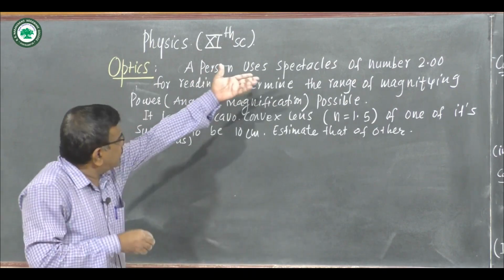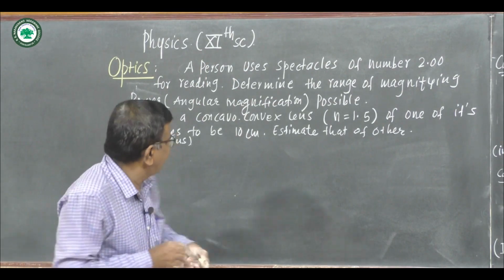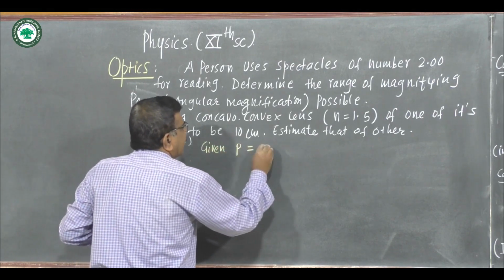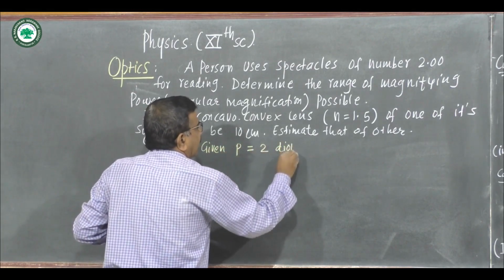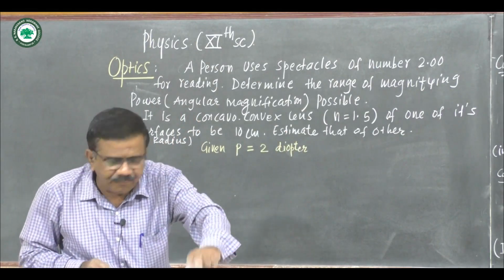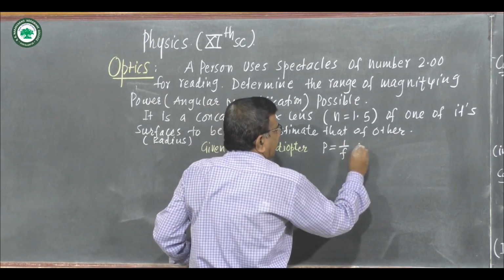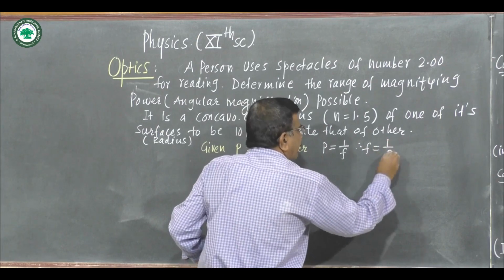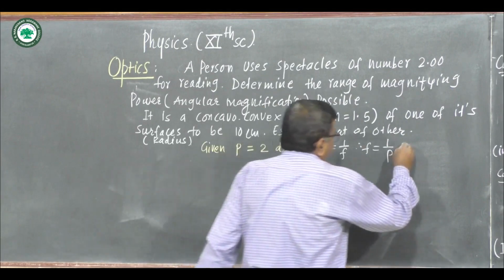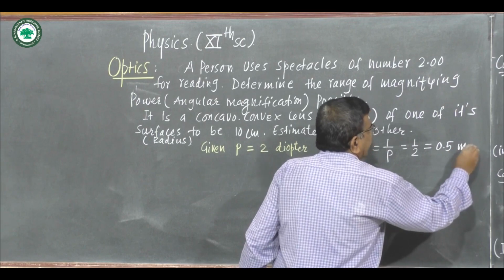Now here the number of the spectacle is 2, it means it is the power. So given is power equal to 2 diopter, and as we know P is equal to 1 upon F. Therefore F is 1 upon P, that is 1 upon 2, F is 0.5 meter.